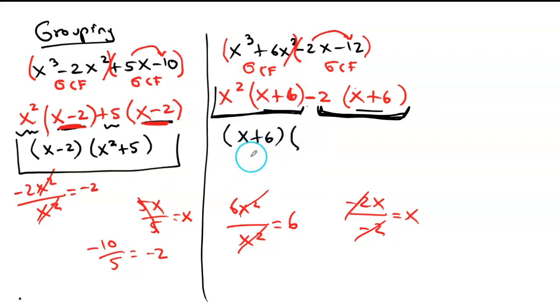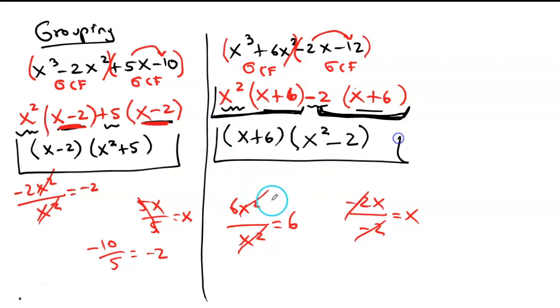This divided by this. The parentheses cancel. I have x squared left. Minus all this divided by x squared. X squared cancels. I have left the 2. So that's why I said, bring your common parentheses into one, and then whatever's on the outside goes to your second parenthesis. And we are done.